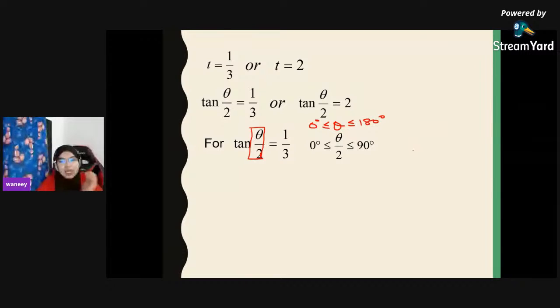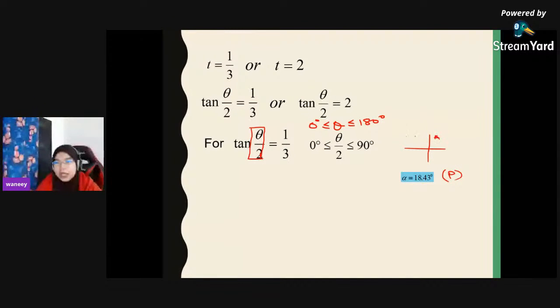Okay, so now if you find your basic angle, using arctangent of 1 over 3, your basic angle will give you 18.43. So this is the principal angle or the basic angle. Following the quadrant, ASTC, in order to get a positive answer for the tangent, it should either be in the first quadrant or the third quadrant. That is why you have two formulas over there.